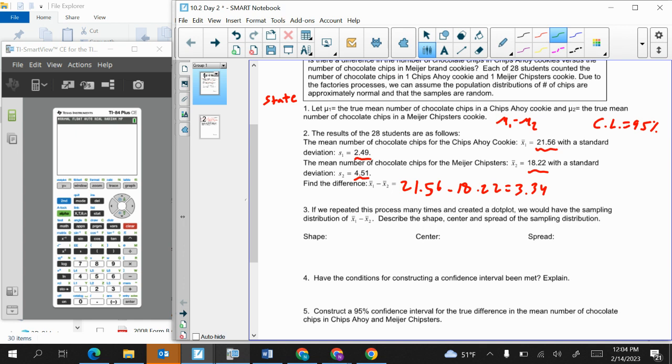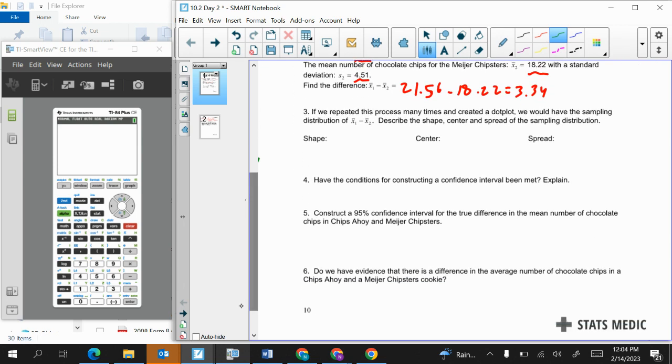So moving on. This is not super important, because it'll come up. It'll just come up as we come to it. So, have the conditions for constructing a confidence interval been met? Explain. So, first condition is random.